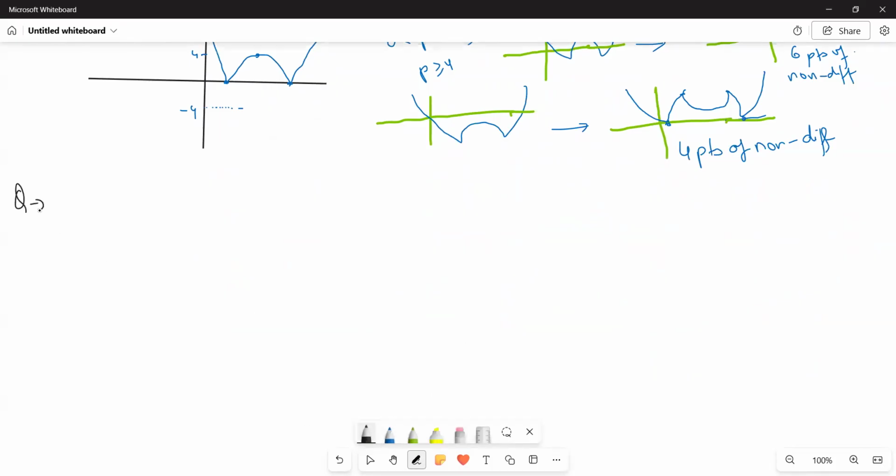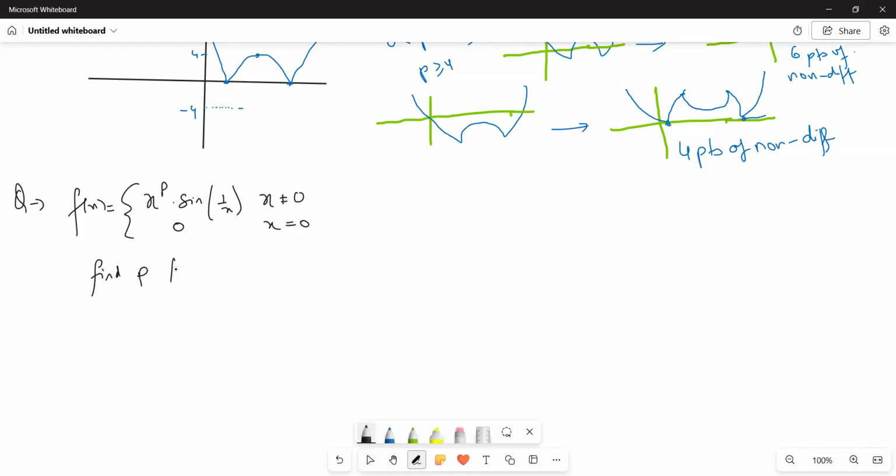Okay, next question. It's a very common question that we have for continuity and differentiability, and it's a kind of result that you have to remember as well. Let's say f(x) is x to the power p sine of 1 by x for x not equal to 0, and 0 when x is equal to 0.